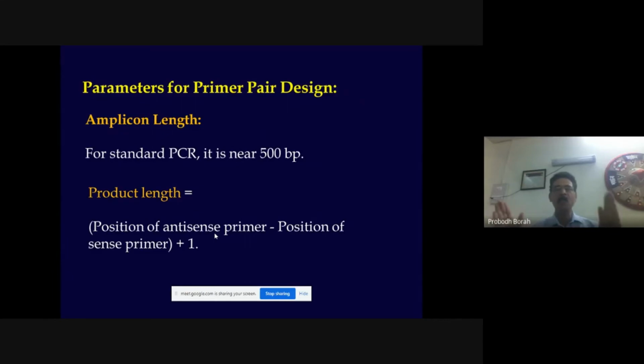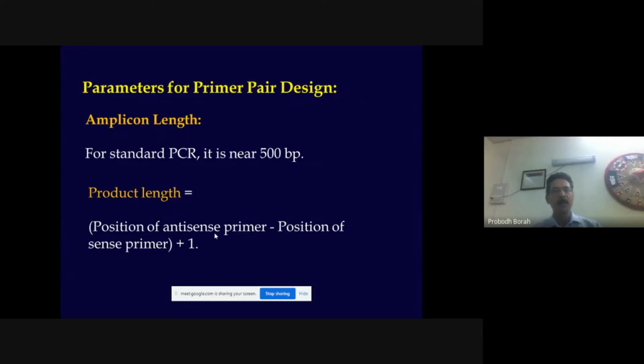So if we know these two positions, suppose this is the template, here the forward primer is annealing and then the reverse primer is annealing on the other strand here. So the part from the point at which the forward primer is annealing to the point at which the reverse primer is annealing is called the product length. That means the PCR will amplify this part.